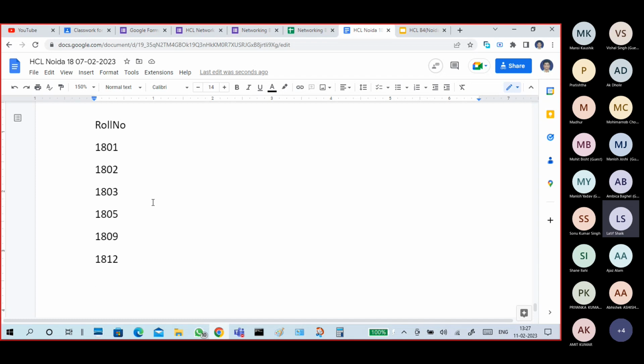Roll number 1, roll number 2, roll number 3, I call the attendance roll number wise. But I have written 18. Why 18? The 18 represents the batch.